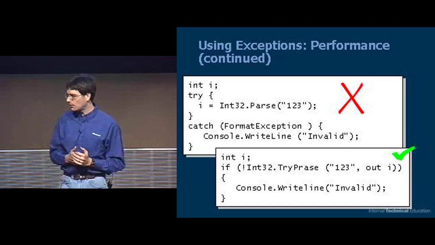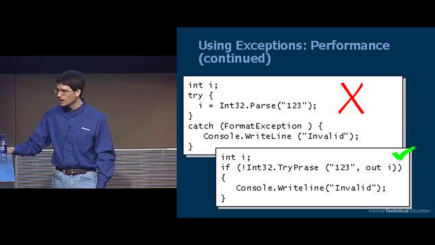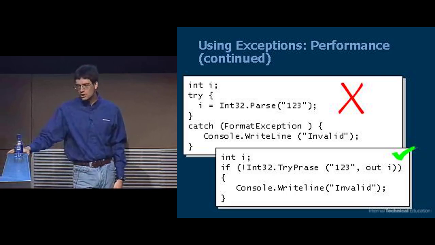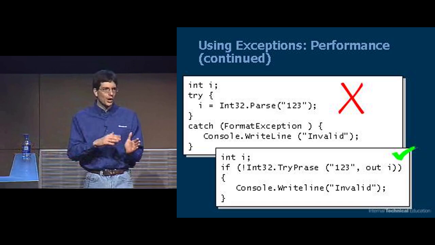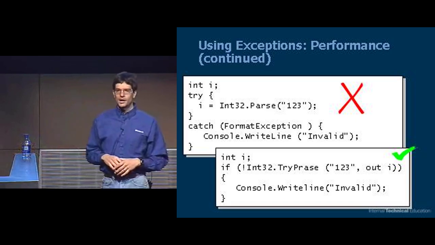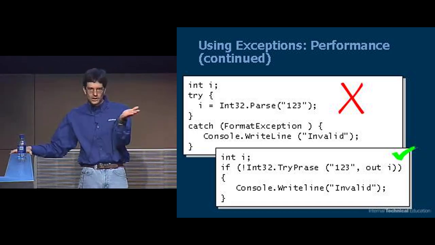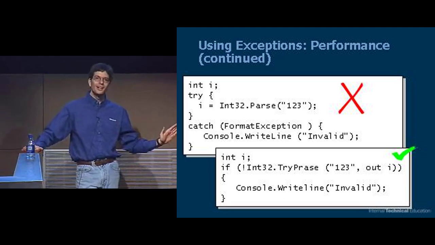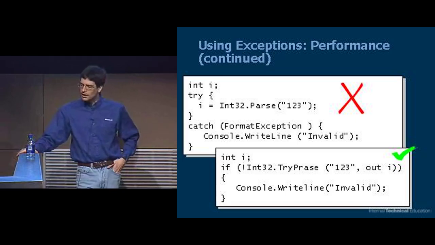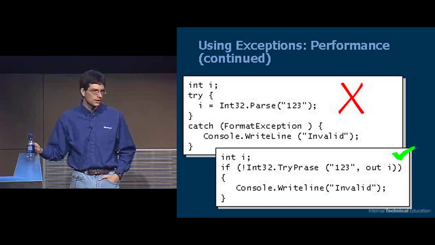And that wasn't so great because then you had to catch the exception and do something. So instead, we introduced this TryParse pattern. In general, the design guidelines have this whole TryXXX pattern, and I encourage you to use it for cases where you need to avoid the exception. So we have this try pattern that returns a bool and has an out parameter, and it allows a success code path without exceptions in the system at all.